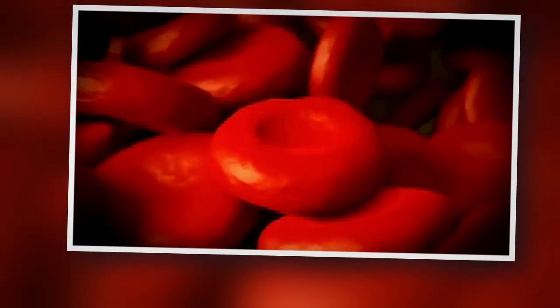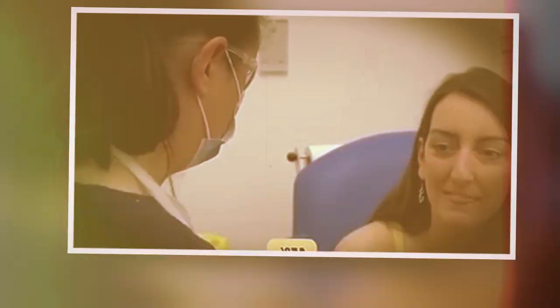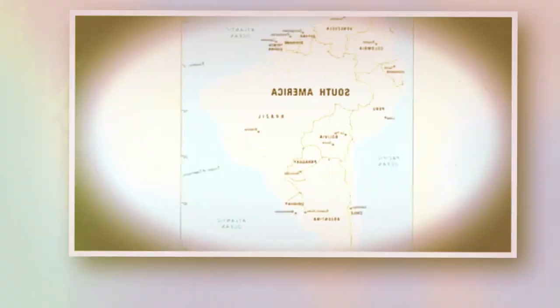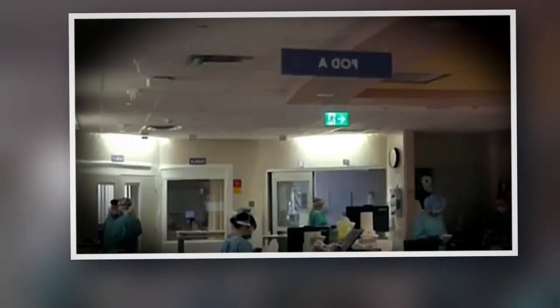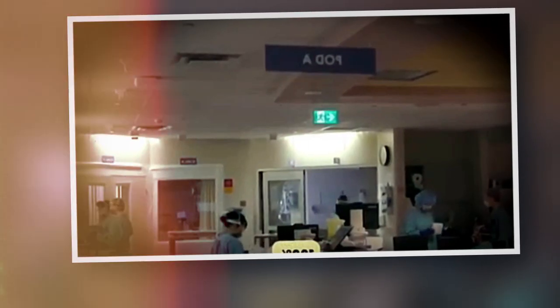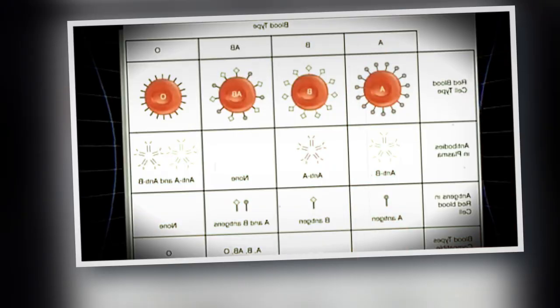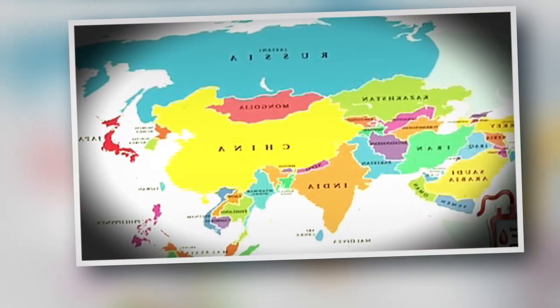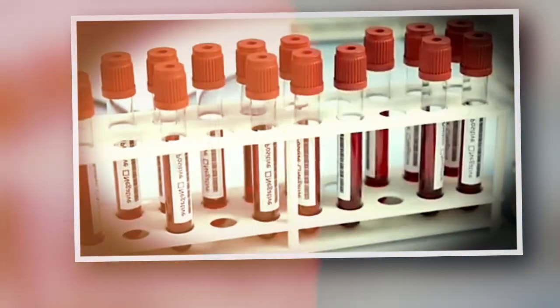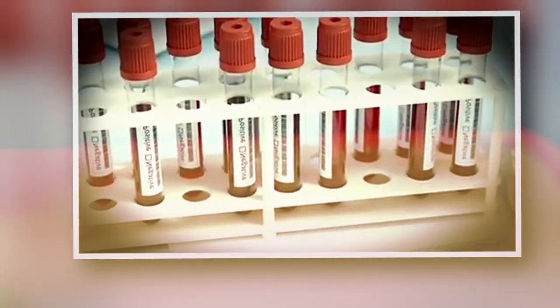But here's where things get way more interesting. O blood isn't just a humanitarian all-star. Genetically, it's also a fascinating mutation. Scientists believe the O-type developed when a gene responsible for producing the A or B antigens lost a chunk of its instructions, effectively being deleted thousands of years ago.